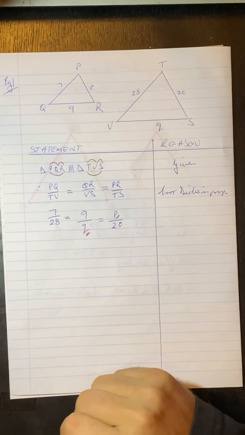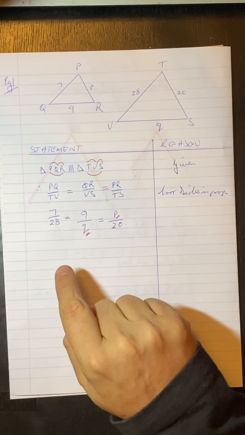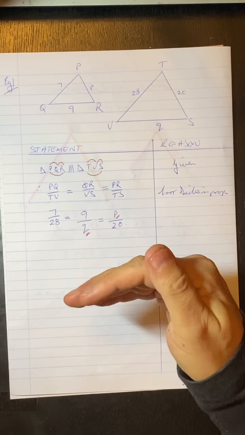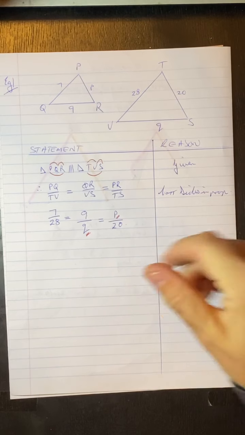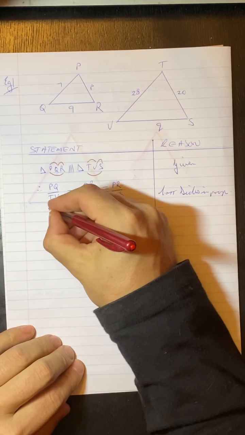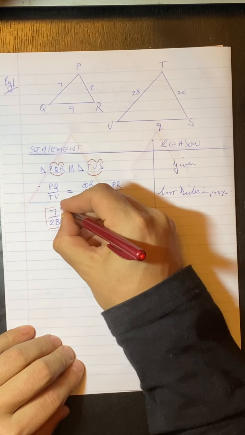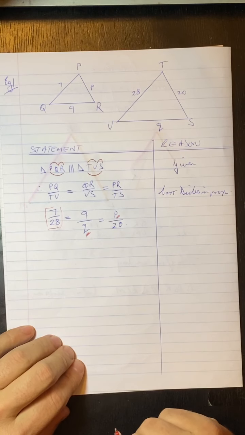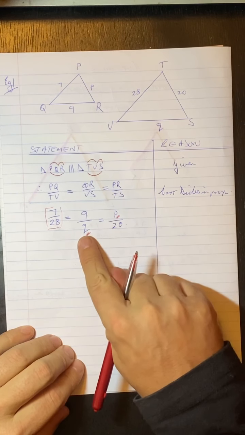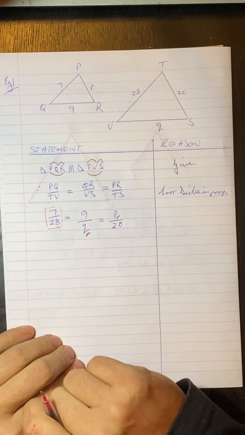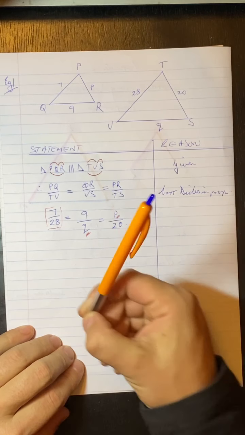And what I'm going to do is I'm going to look for one of the fractions that has all the information. In other words, the numerator and the denominator. And it's this one over here. The 7 over 28 has both the numerator and the denominator. These 2 fractions over here have our 2 unknowns. So what I'm going to do is I'm going to break it down.